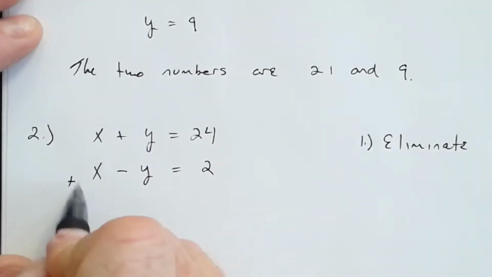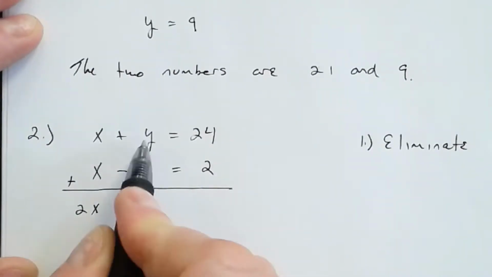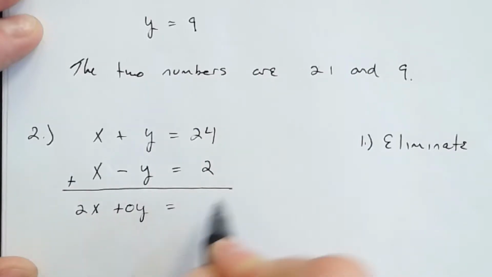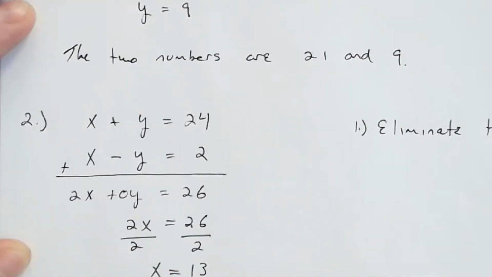We're going to add these two together. X plus x is 2x. Y plus negative y is 0y, is equal to 26. This leaves us with 2x is equal to 26. Divide by 2, divide by 2. X equals 13.